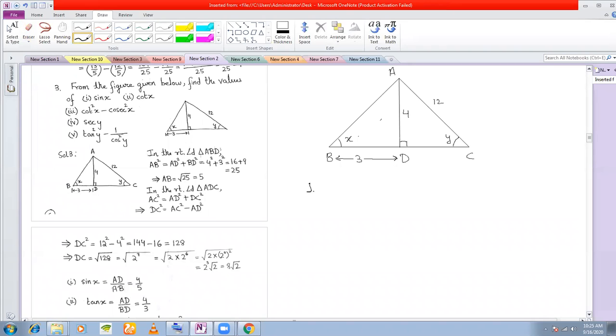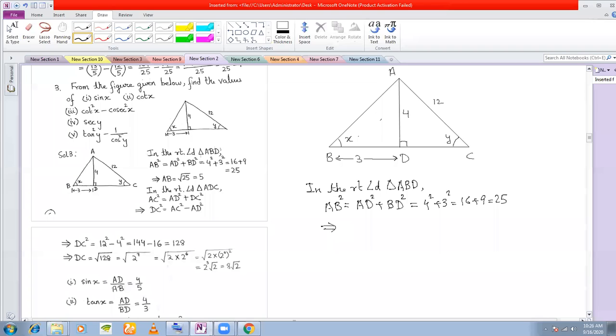So I'll say in the right angle triangle ABD, AB square is equal to AD square plus BD square, which is 4 square plus 3 square, 16 plus 9, equal to 25.